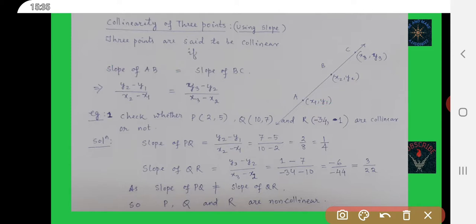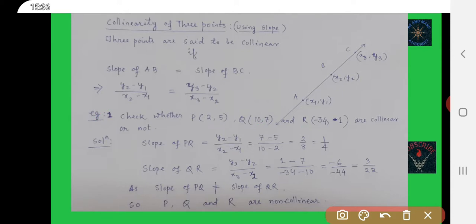If the slope of AB and slope of BC are equal, then we can say points A, B, C are collinear.